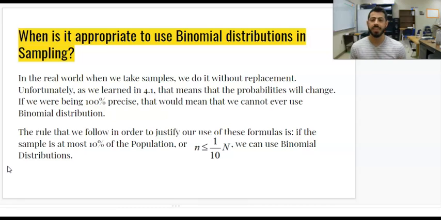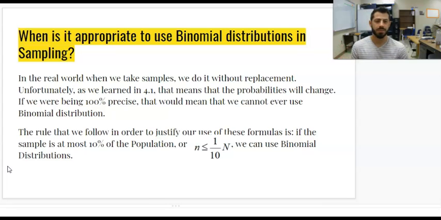In the real world, when we take samples, we do it without replacement, okay? We learned early on in class that when we take samples without replacement, the probability is going to change from trial to trial, right?